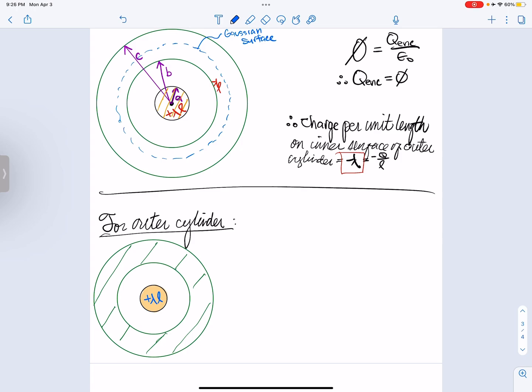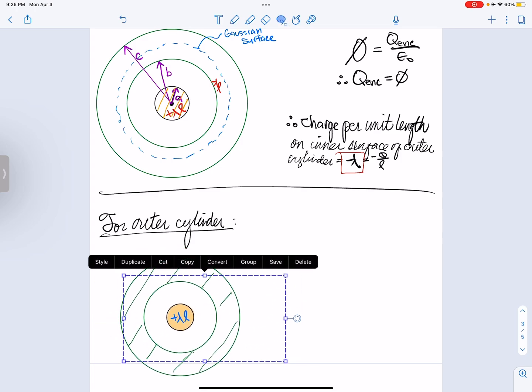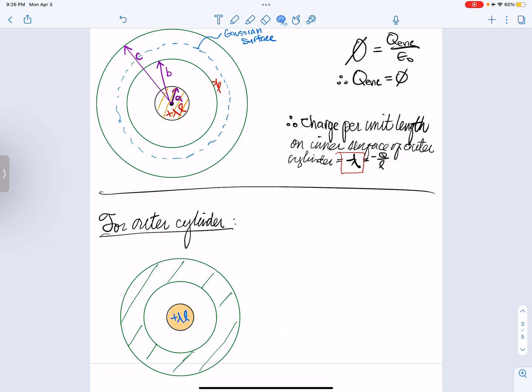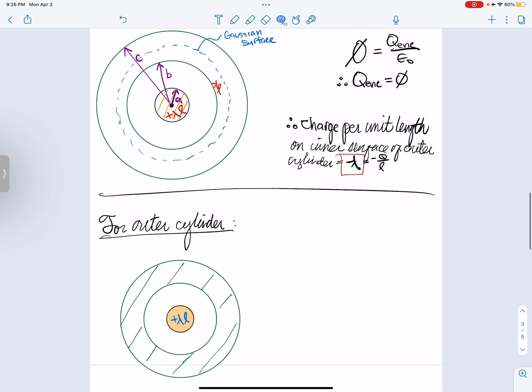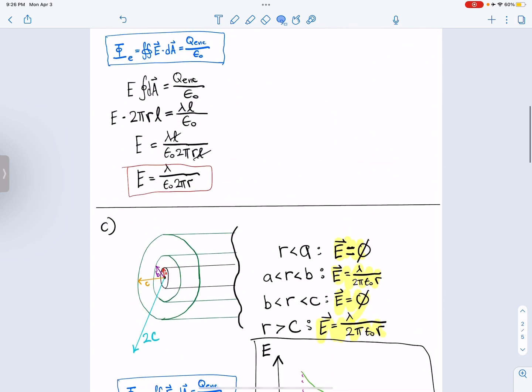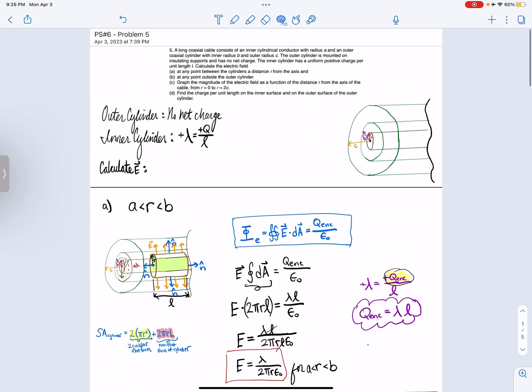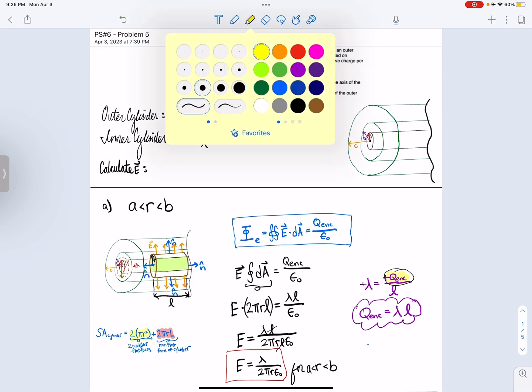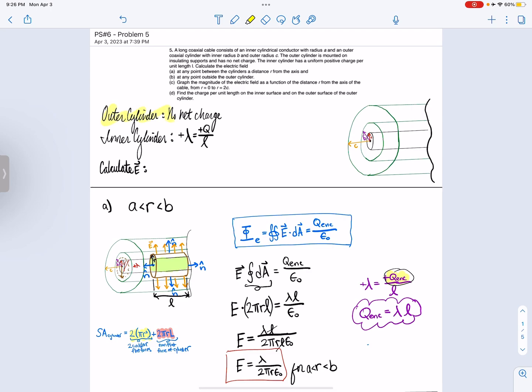If I want to find the charge per unit length on the outer surface of the outer cylinder, I just have to remember that the problem stated that the outer cylinder carries no net charge.